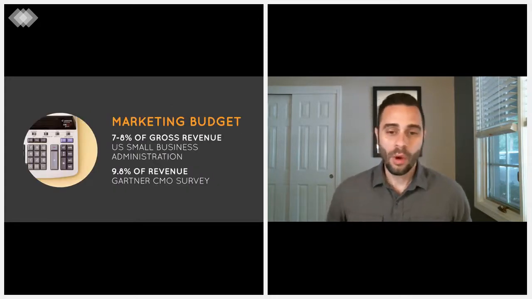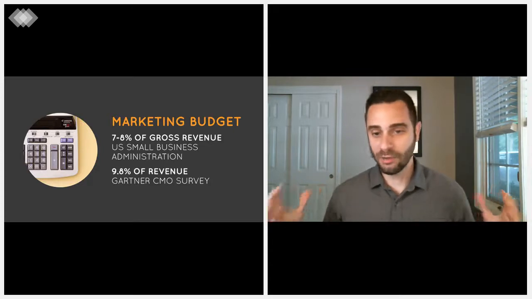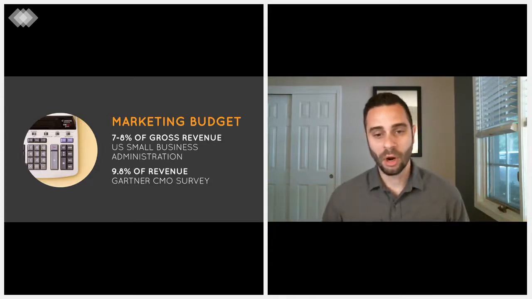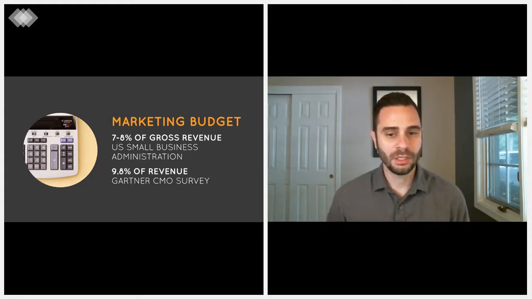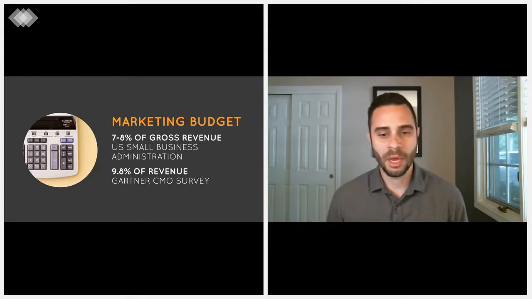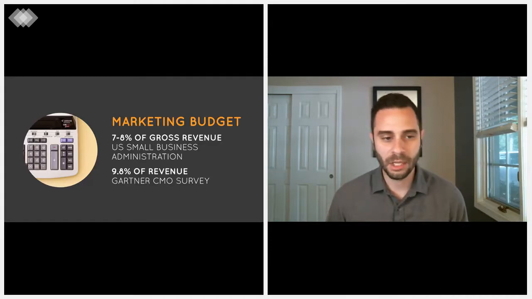So when we think at a very high level, at a very macro level about setting a marketing budget, there's a lot of different reference points, but a couple of the good ones, you look at the US Small Business Administration, they recommend that organizations set their marketing budget at around 7 to 8% of gross revenue.